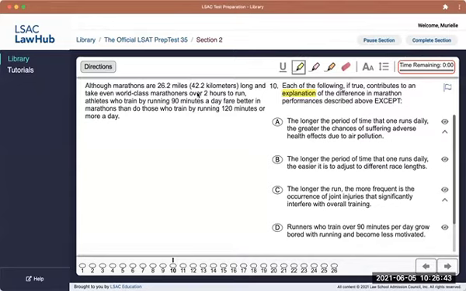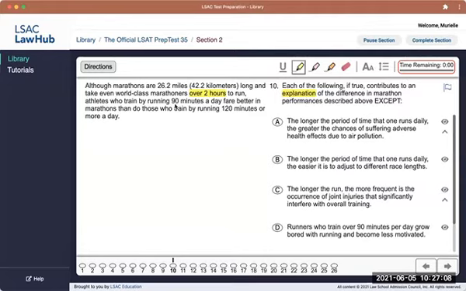So this is explaining how training for short periods of time per day tends to give you a better performance on your actual marathon day.